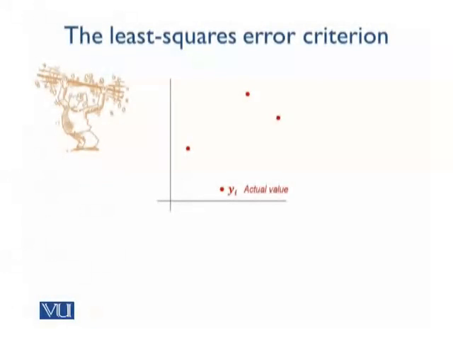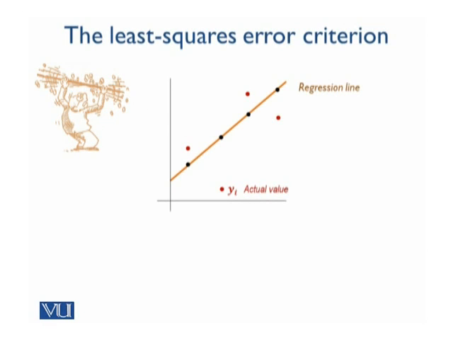So let's have a look at this slide. We have some observed values, and we want to form a statistical model for that. So we will determine a line which is a good match for most of the observed values. We represent y_i as the actual ith observed value.